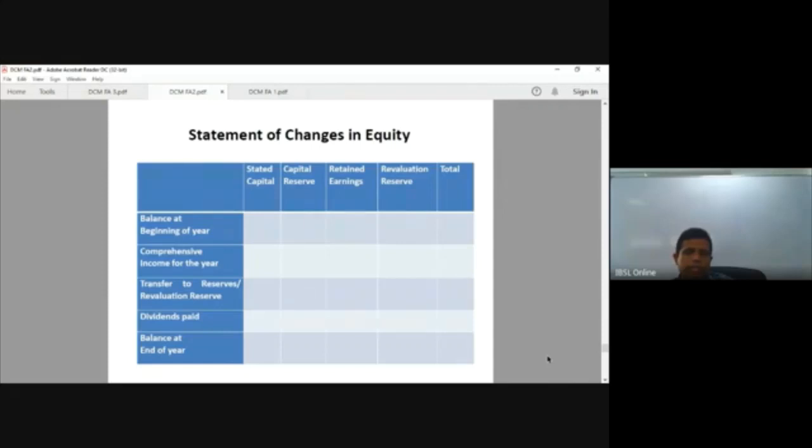This is the format: stated capital, capital reserve, retained earnings, revaluation reserve. We take the balance at the beginning, the changes to the reserves, and the balance at the end.